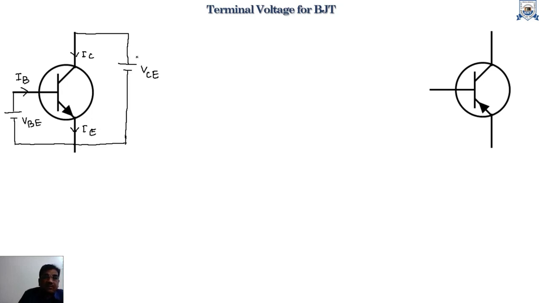Now come to the polarity of each terminal. Here the collector terminal is connected to the positive potential of the battery and the emitter terminal is connected to the negative potential of the battery. The voltage drop between collector and base is designated as VCB.